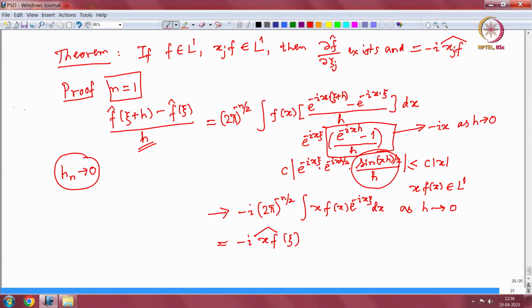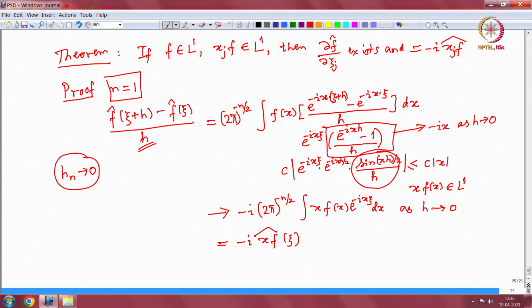In general, when you want to study in R^n, you just take h e_j, instead of h you take h e_j, in that direction. So, the same proof works for that. This is an important thing, and now you can iterate this.